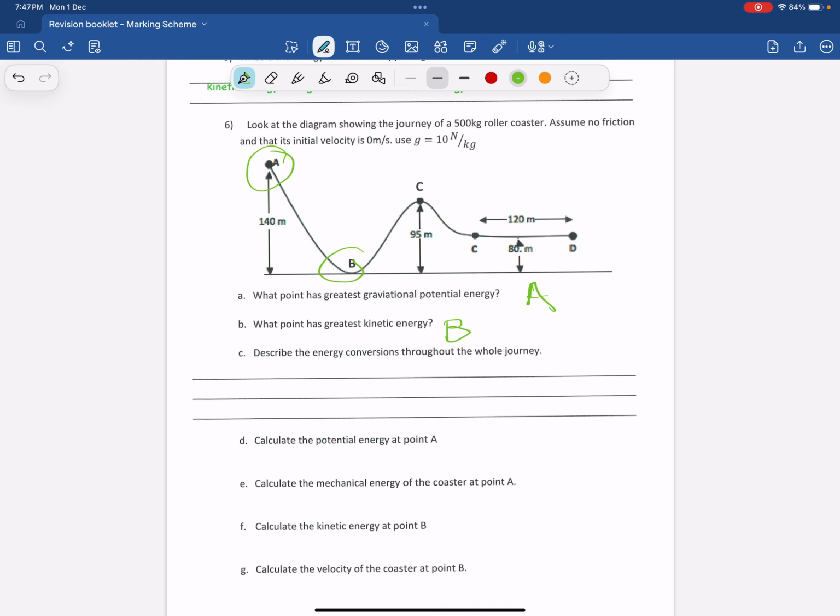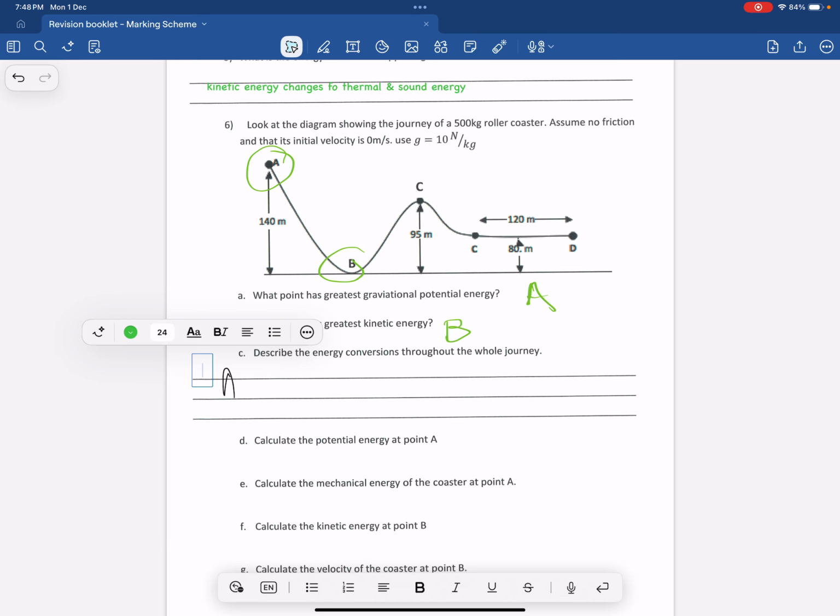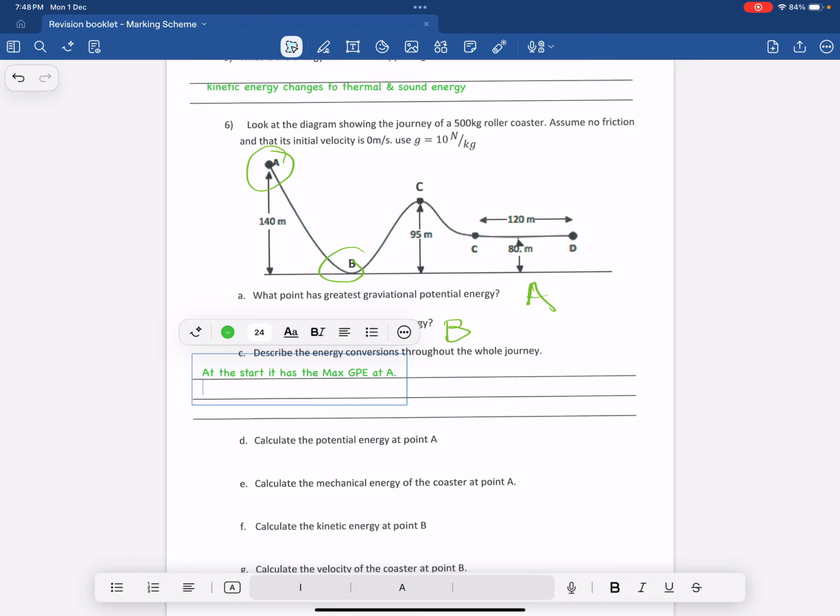Now describe the energy conversion throughout the whole journey. So at the start you can see here the roller coaster has the maximum gravitational potential energy at A. Then as it moves downhill from A to B, what happens?